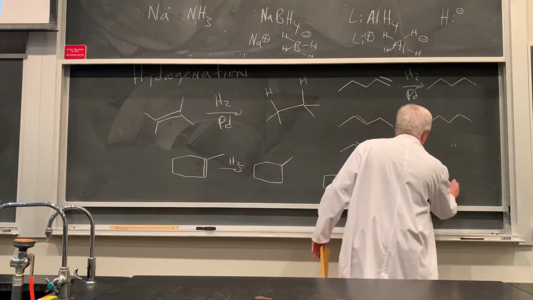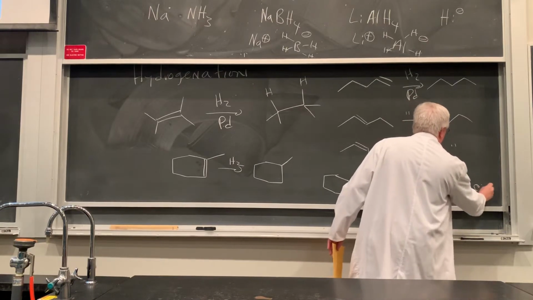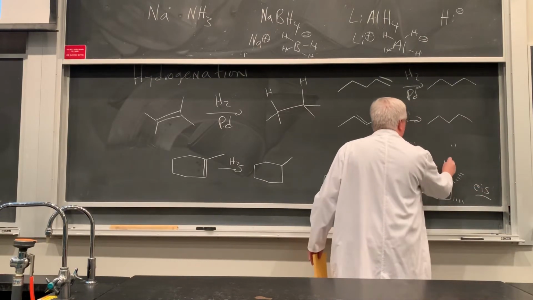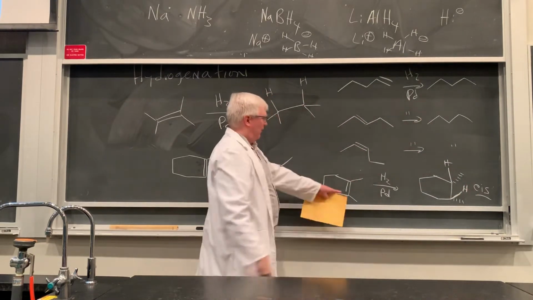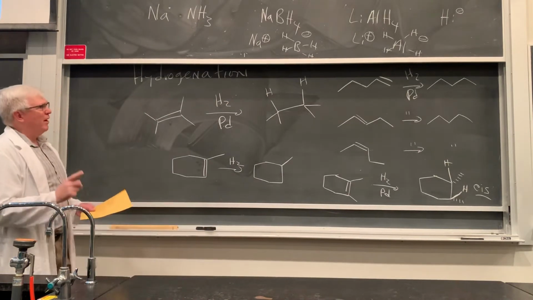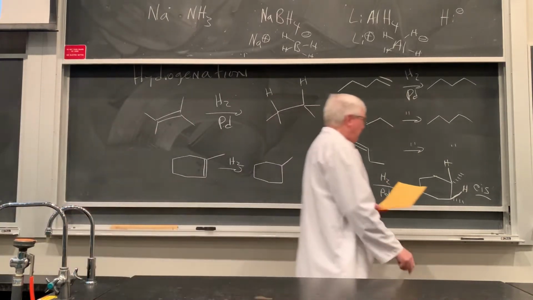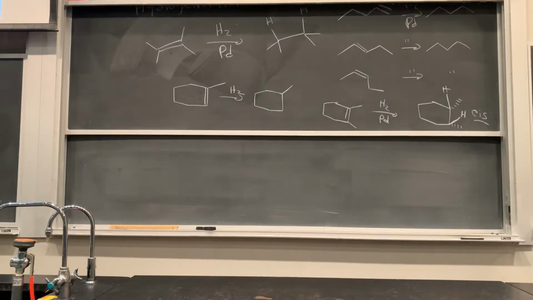Let's see. It ends up, yep, you're right, it ends up cis. So it's two hydrogens, what? Come in on the same face of the alkene and give the cis product there. One other thing to look at. Let's look at the energies of this reaction.